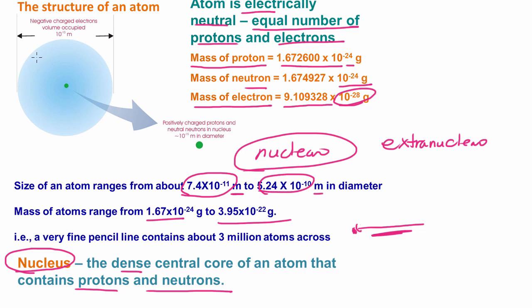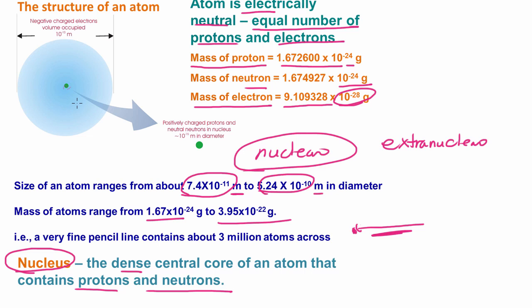So here we take a look at this drawing right here, and this represents the nucleus, and this blue part here represents the mostly empty volume that contains the electrons. So here this diameter is about 10 to the negative 10 meters.